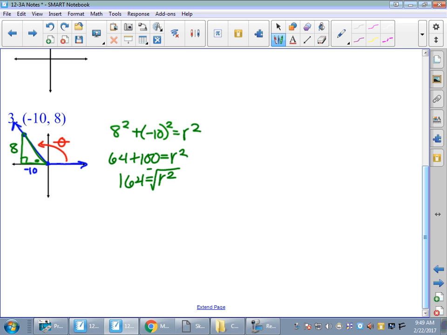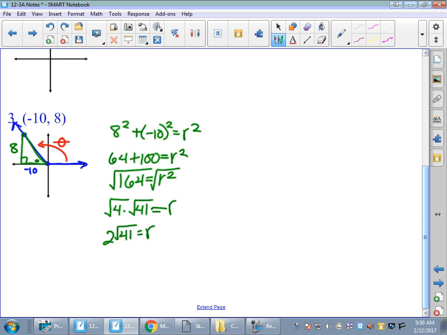Now when I take the square root of 164, it is not perfect, but I recognize that 4 goes into it 41 times. So I'm going to break this into a perfect 4 and 41. And we get 2 root 41 for our R value.